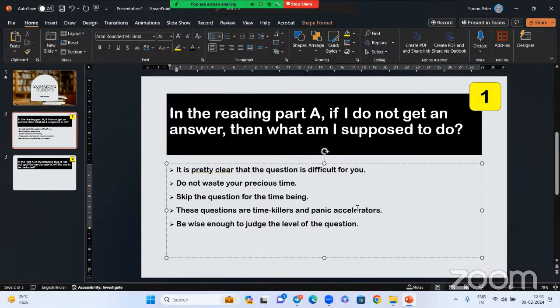Be wise enough to judge the level of the question. And then you can see the questions are of three types.